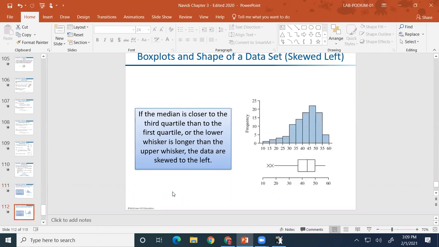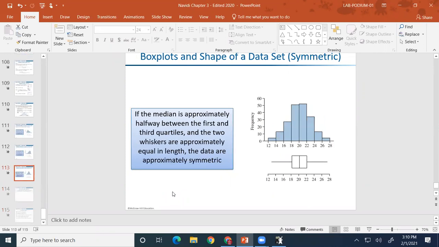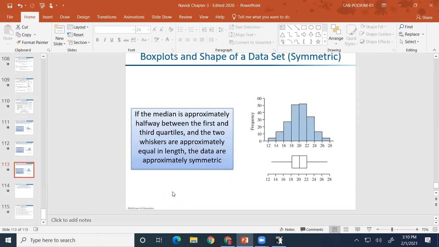This one would be skewed to the left. So the median gets pulled in that direction. And there's two outliers they're showing us. We don't know what that data is, but they're showing us. And then there's one that's more or less symmetric. Okay, so that's all I can think of for today.